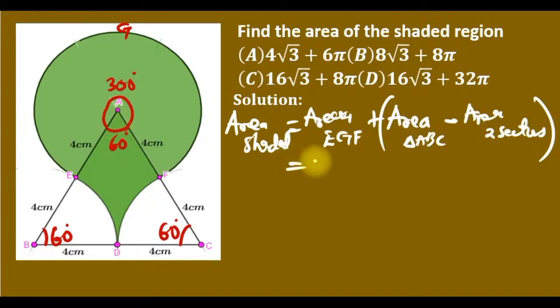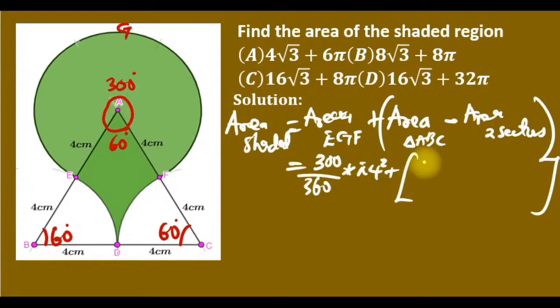And the area of a sector is theta over 360 pi r squared. The angle is 300, so 300 over 360 pi r squared, and r is 4, so we have pi 4 squared, plus the area of a triangle.